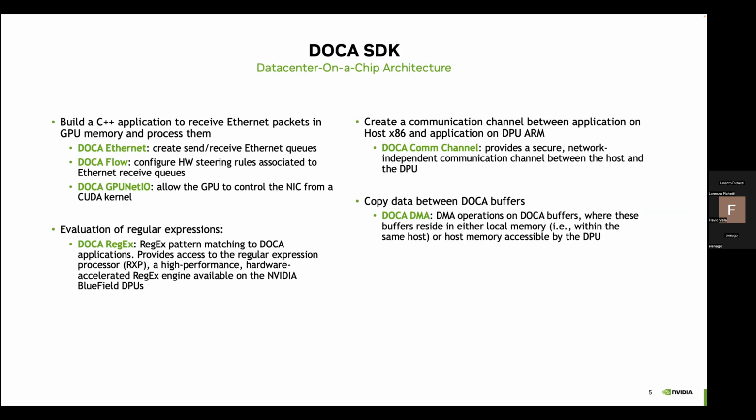So maybe you want to use a combination of DOCA libraries like, of course, DOCA Core to initialize the environment. But then there is DOCA Ethernet, a library that allows you to create send or receive Ethernet queues on a network interface. Then you can use DOCA Flow to set hardware flow steering rules on each queue, to say, in this receive queue, I precisely want to receive only this kind of packets, like UDP packets or packets with just this source IP address.